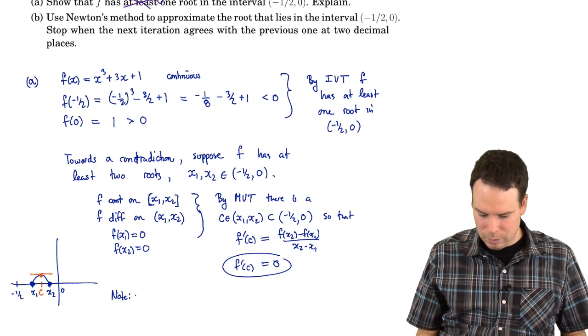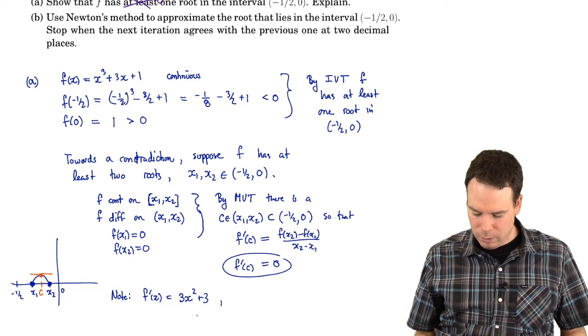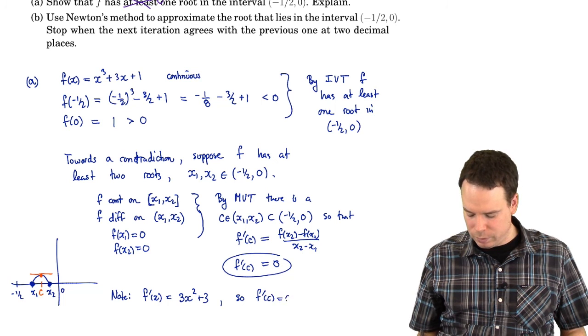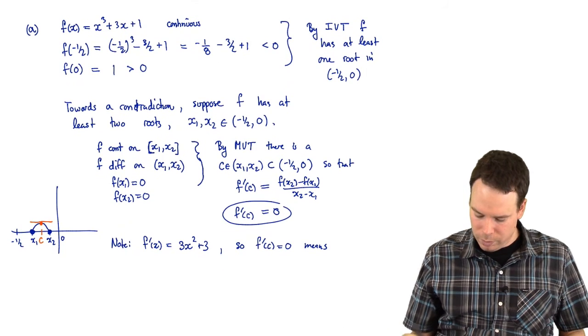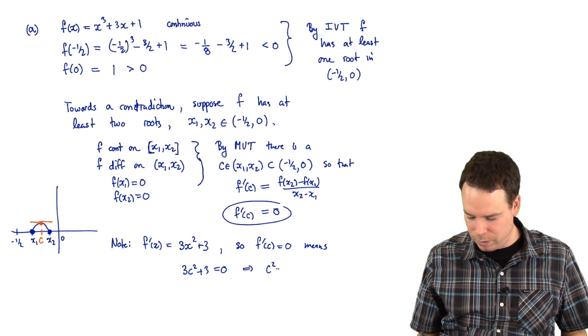Let's note that the derivative is 3x squared plus 3. So f prime of c equals 0 means what? Well, it means that 3c squared plus 3 is 0. Or in other words, c squared is -1.